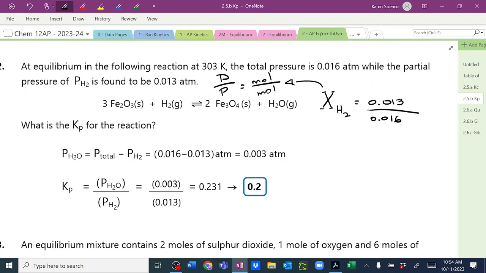So you could find the mole fraction of H2, then find the other mole fraction by subtracting from 1, and then calculate it, but it's much easier to use P total equals pressure of A plus pressure of B, and then solve for the other one.